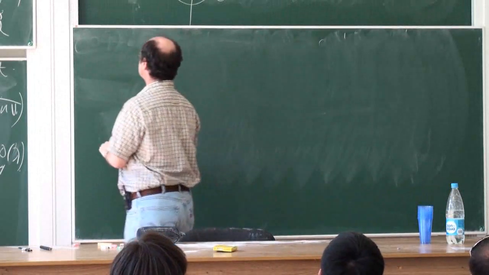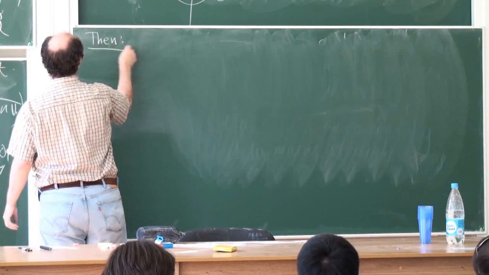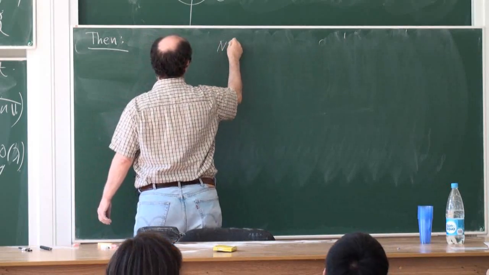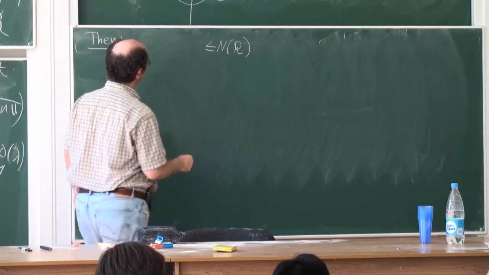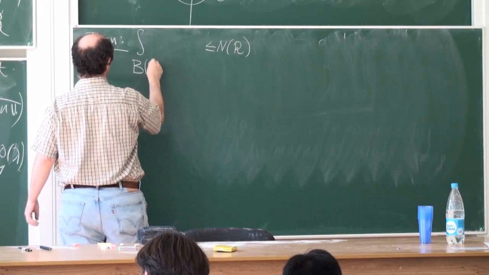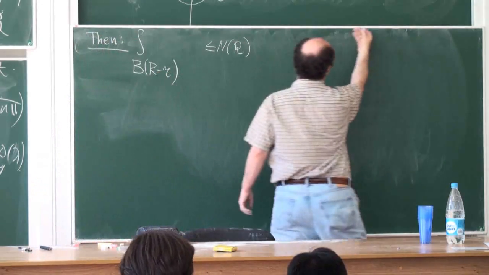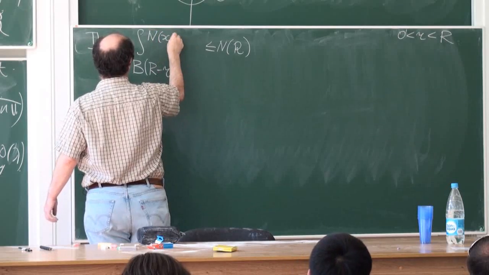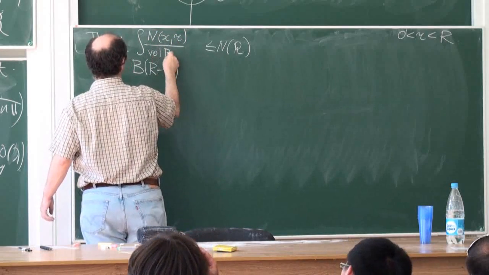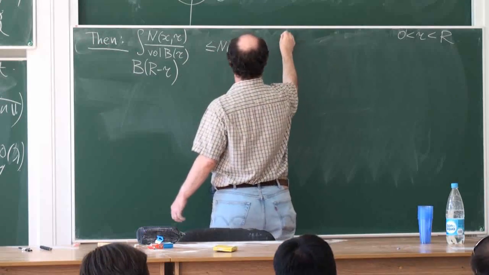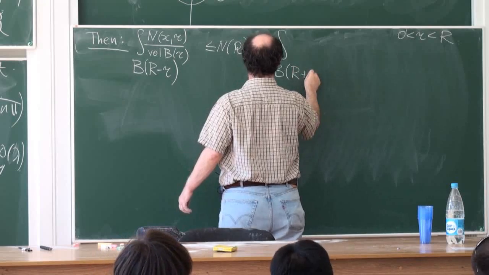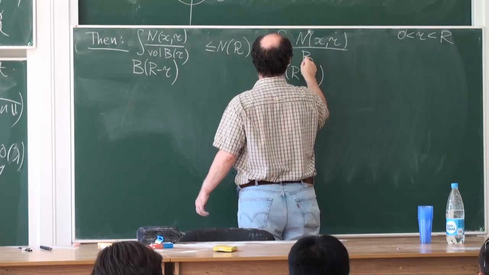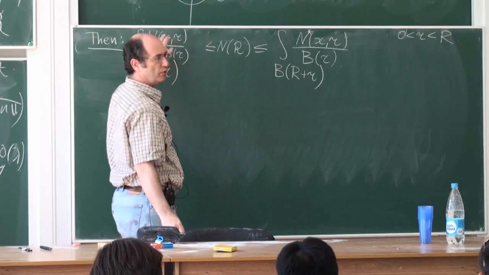So then we have the following bound. N of R, this is the quantity we are interested in, is bigger or equal than the integral over the ball of radius... So I have a parameter R, which is less than capital R. Integration over the volume with respect to x.